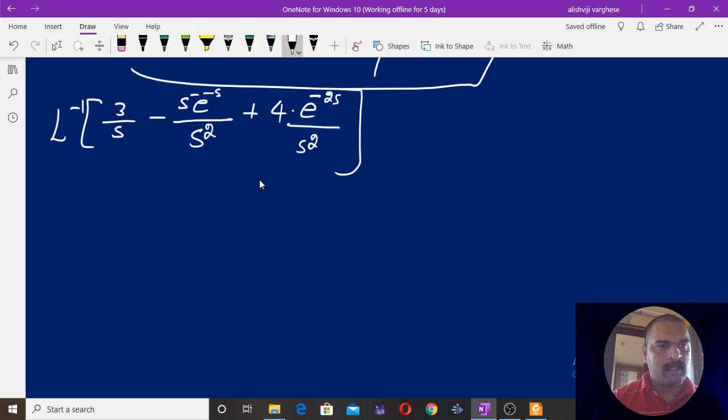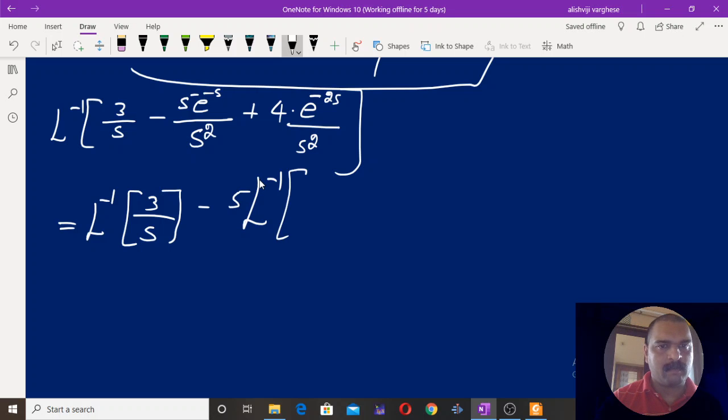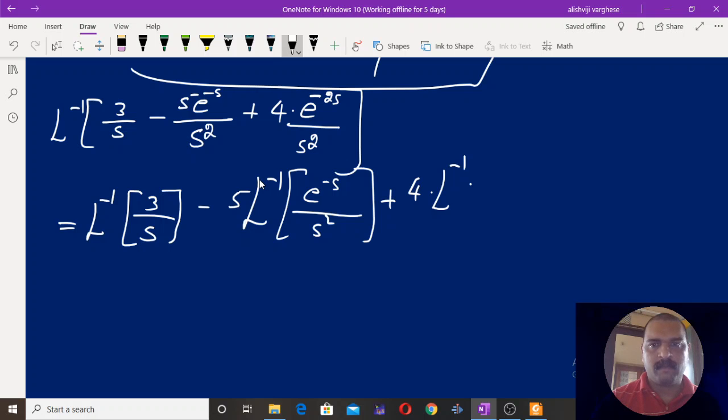So this is equal to the inverse Laplace transform of 3 by s minus 5 into the inverse Laplace transform of e raised to minus s divided by s square, then plus 4 into the inverse Laplace transform of e raised to minus 2s divided by s square.